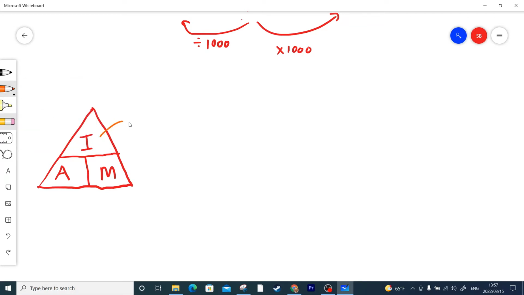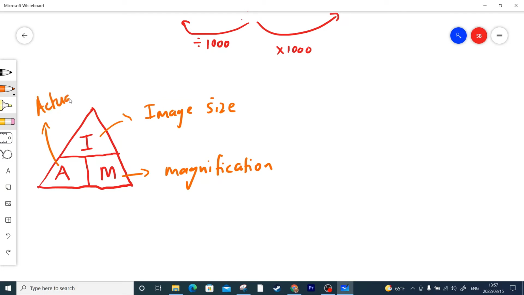So this I stands for image size. This M stands for magnification. And this A stands for actual size. Okay, great. I'm going to use this triangle to calculate a few examples.